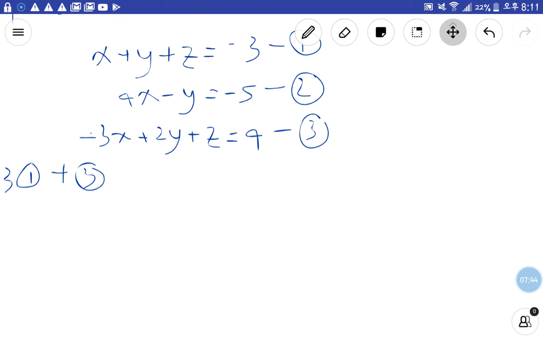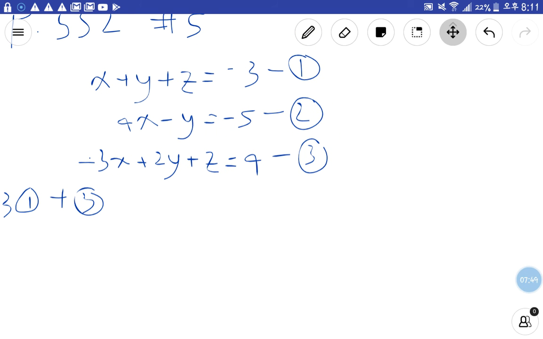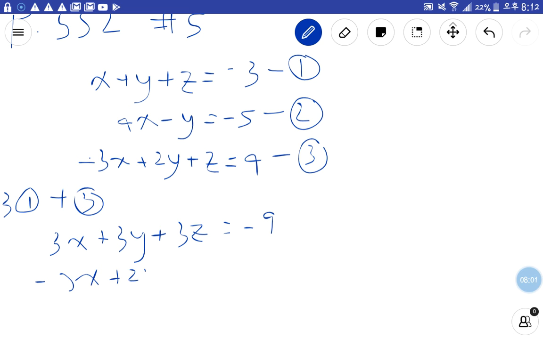So we would have 3x plus 3y plus 3z equals negative 9, and you have negative 3x plus 2y plus z equals 4.